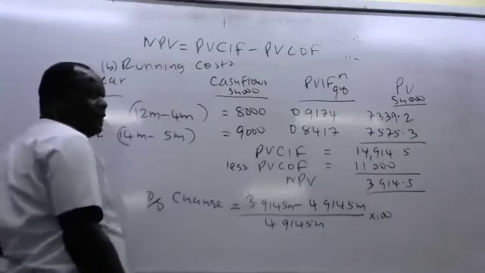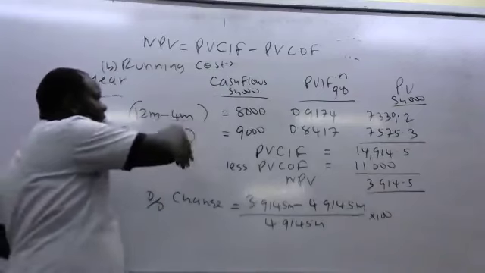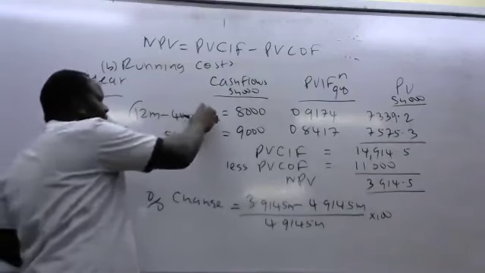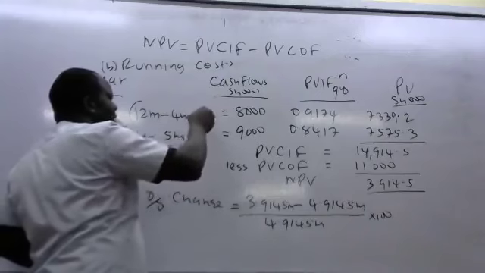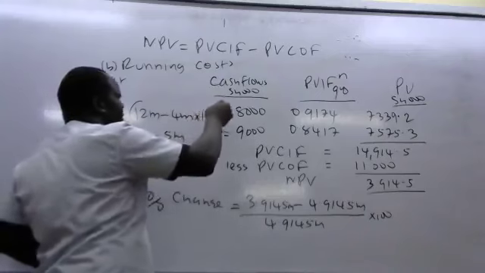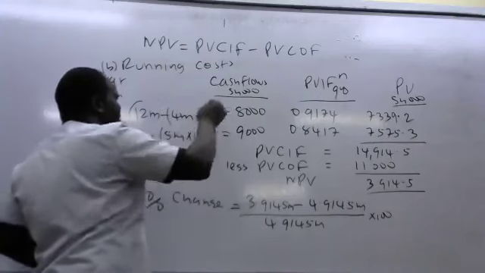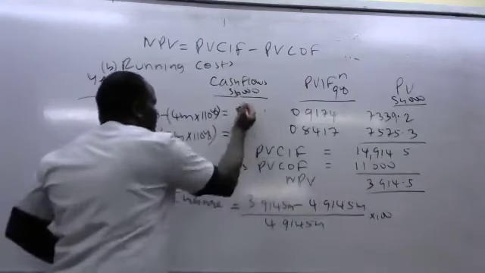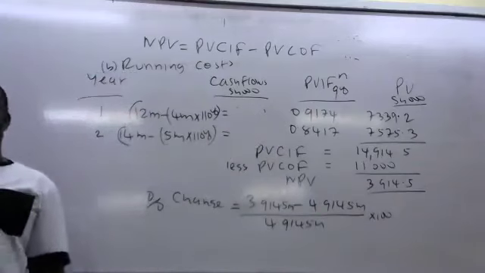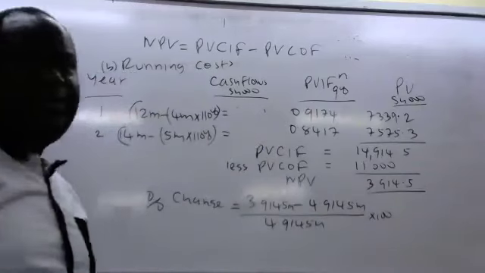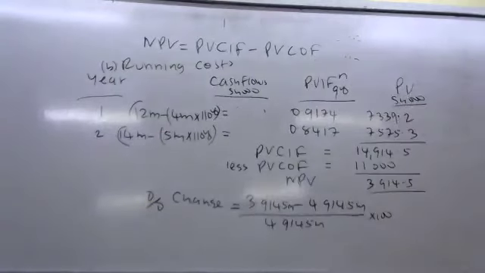When we go to the running cost, it will be affecting this part. These figures, the running cost, you increase them by 10%. Then you get the new annual cash flows. We increase the running cost by 10% before we subtract them from the savings.